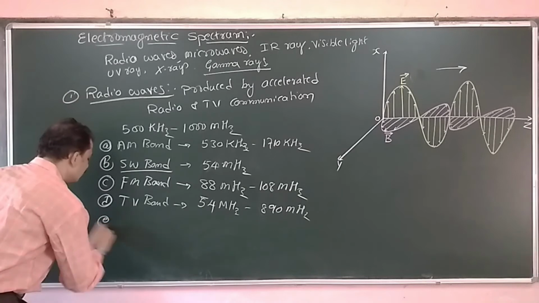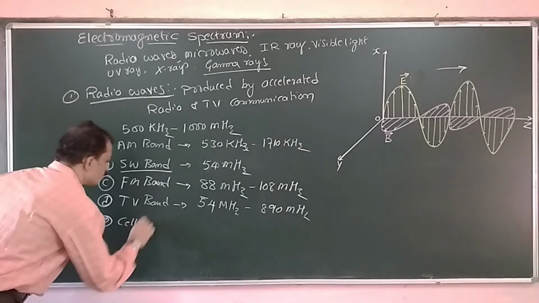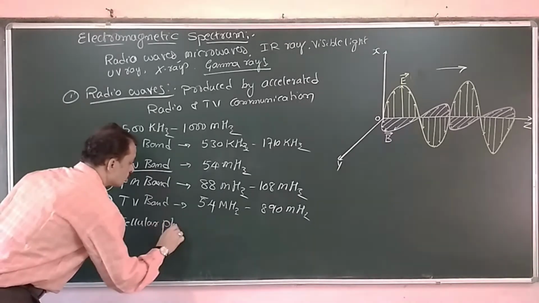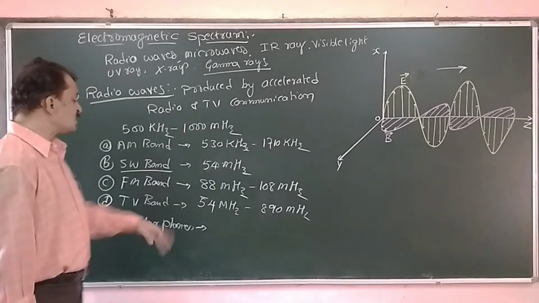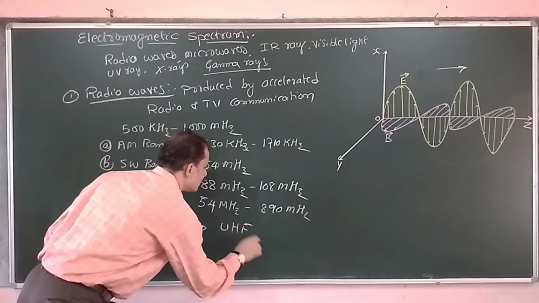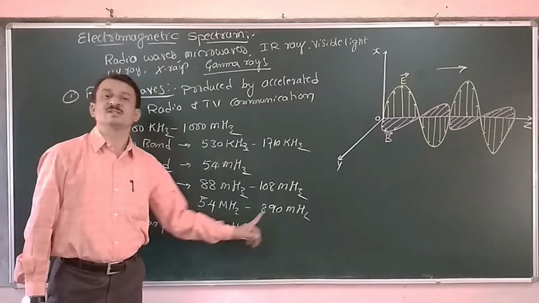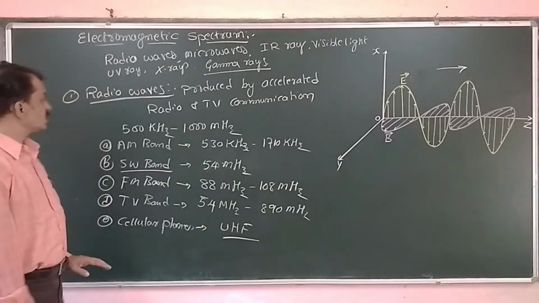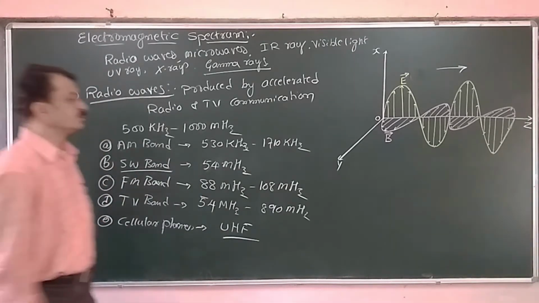And lastly we have cellular phones, that is mobile phones. They transmit the signal in the ultra high frequency, UHF, range. Now these are regarding the radio waves. That is the first one.